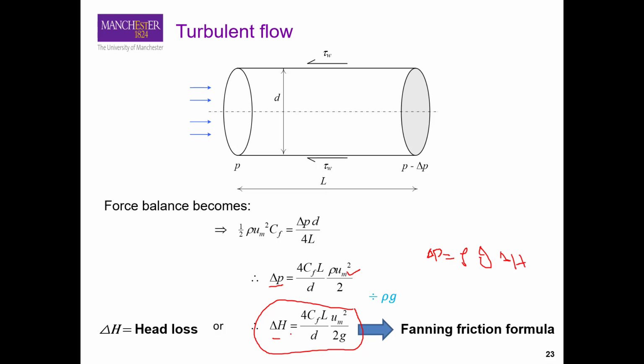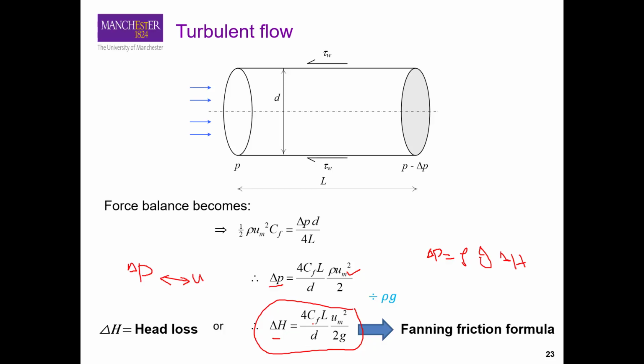So all the equations that we developed for laminar flow are applicable to turbulent flow. The only problem for turbulent flow is that we don't know the relationship between, for example, delta P and the velocity profile. To get this relation, we have to use empirical relations, and one of them uses this Fanning friction factor, and that is the equation here.